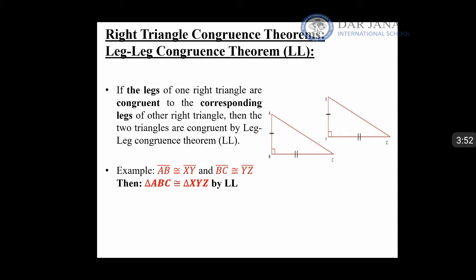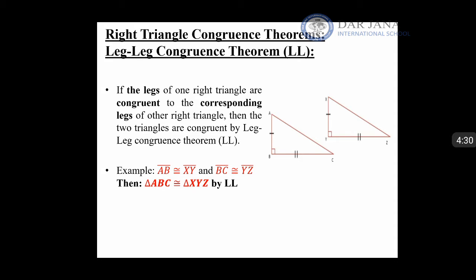In this theorem, the only thing we need is to first make sure that we have two right triangles, and not only that, the legs. The short leg in the first right triangle must be congruent to the short leg in the second right triangle, and the longer leg in the first right triangle must be congruent to its corresponding long leg in the second right triangle. So if the legs of one right triangle are congruent to the corresponding legs of the other, it means those two right triangles are congruent.